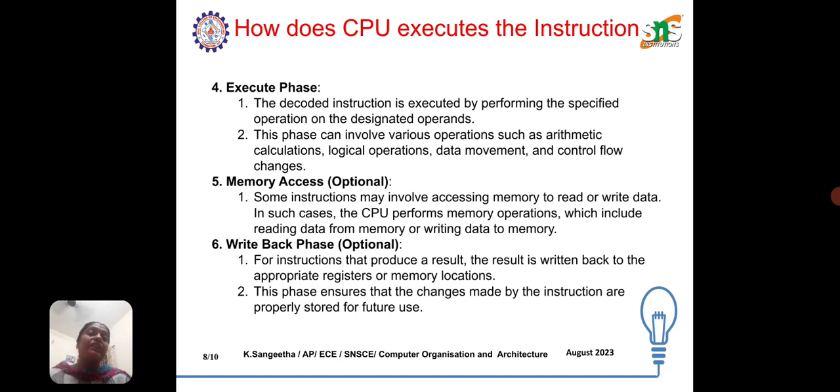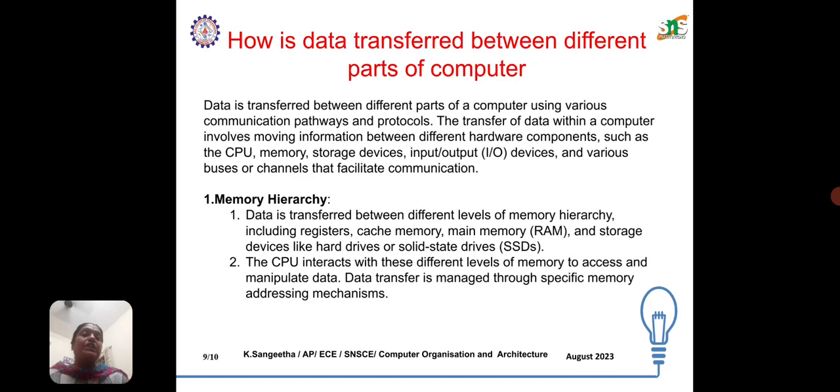Some instructions may involve accessing memory to read or write data. In such cases, the CPU performs memory operations, which include reading data from or writing data to memory. And the last one is the write back phase. For instructions that produce a result, the result is written back to the appropriate registers or memory locations.